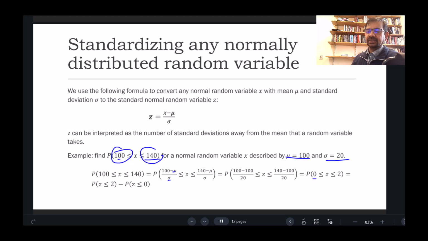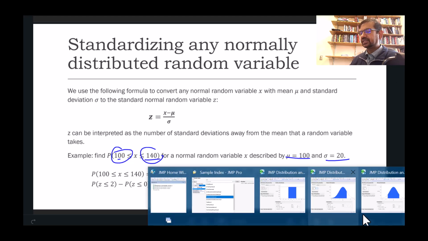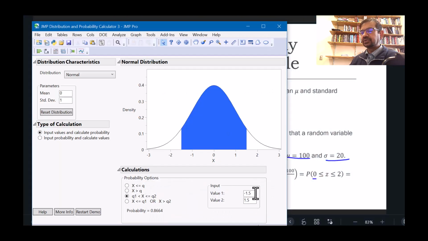And again, we can either calculate the probability that it's less than 2 and then less than 0, or we can now use our JMP calculator to find these values. So our left-hand value is 0 and our right-hand value is 2.